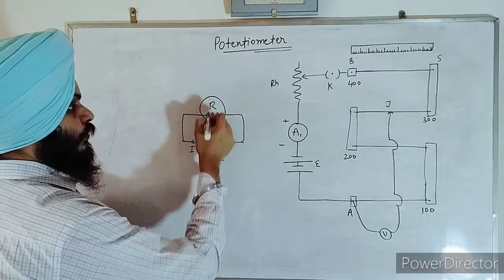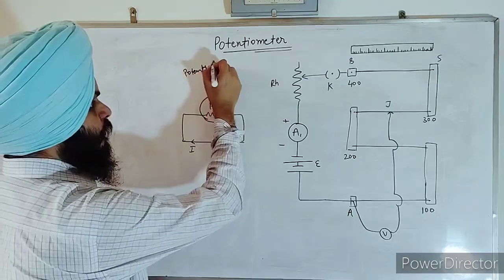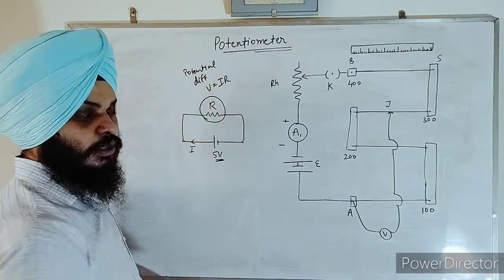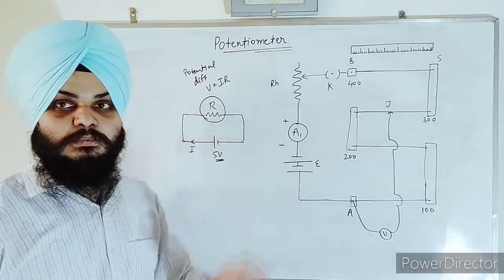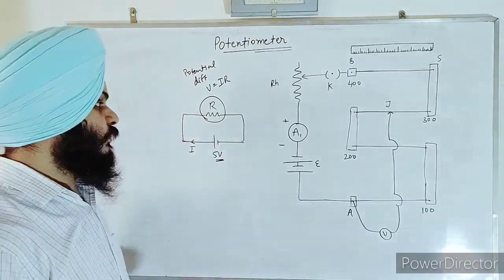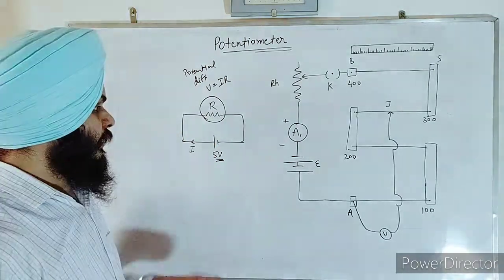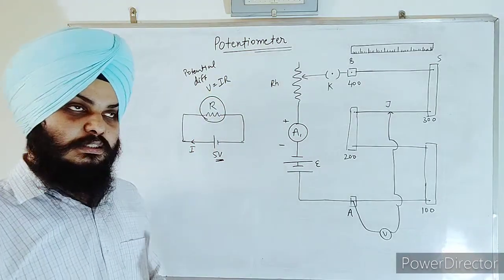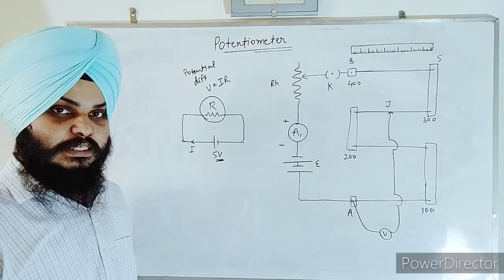How? As we know, the potential difference V is equal to IR. So when some current I passes through a resistance R, this much potential is developed across the ends of this resistance.